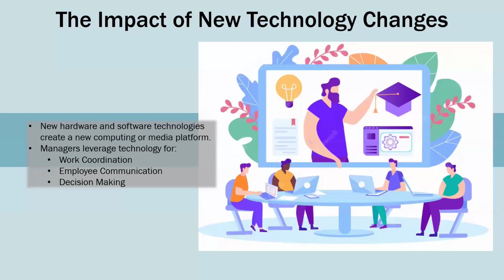So when new technologies are released, managers want to leverage that technology. The reason why they leverage it is because it can help with work coordination, employee communication, and decision making, right?